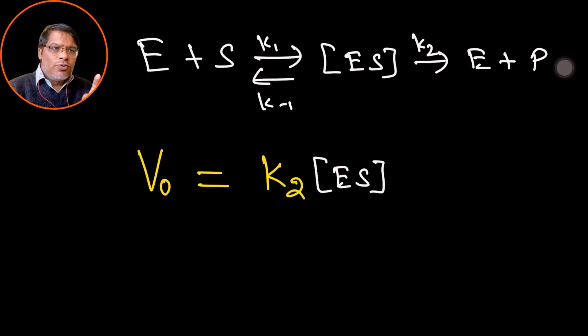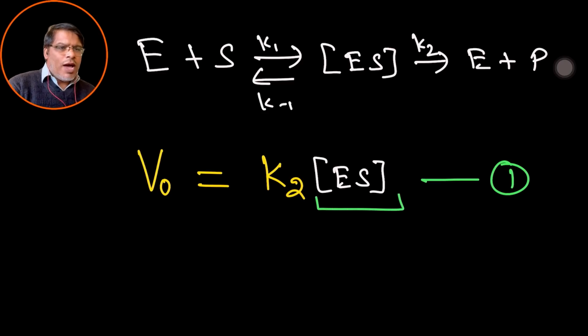Here K2 is the rate constant for the breakdown of the enzyme substrate complex, and ES represents the concentration of the enzyme substrate complex. So you can calculate the velocity by simply multiplying K2, the rate constant, with the concentration of the enzyme substrate complex. Keep in mind this is equation 1.